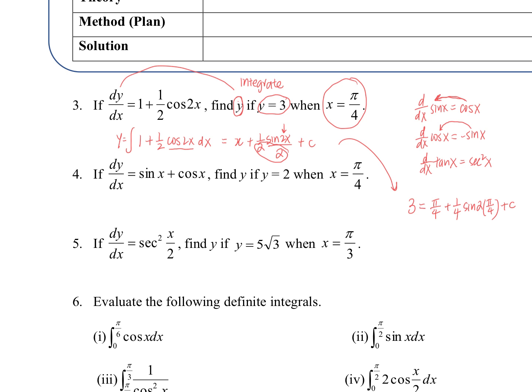So this one you can press calculator. Sine 90 is 1. So this is 1/4. So c is just 3 minus 1/4 minus pi over 4. So you get 2 3/4 minus pi over 4. Okay, so with the c, put it back into the equation.